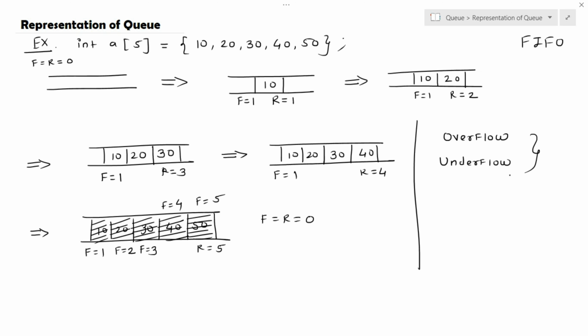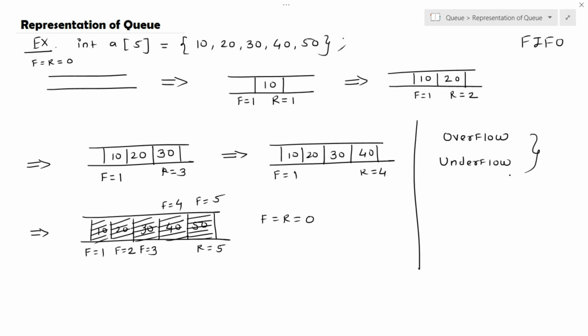Okay, so when the queue becomes full, that means the queue is overflow, then the insertion of elements cannot be performed and an appropriate error message is returned. In the same way, when the queue is empty, that means it becomes underflow, and then the deletion operation cannot be performed and again an error message is returned.